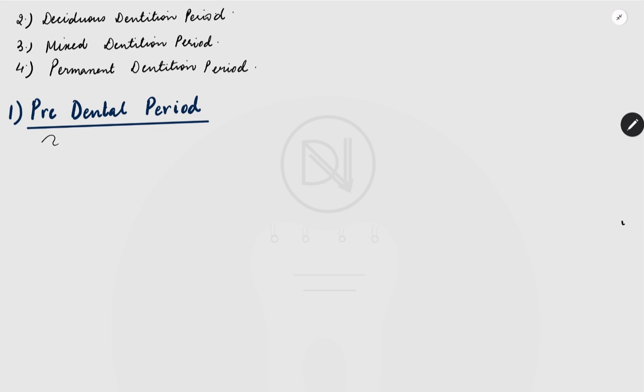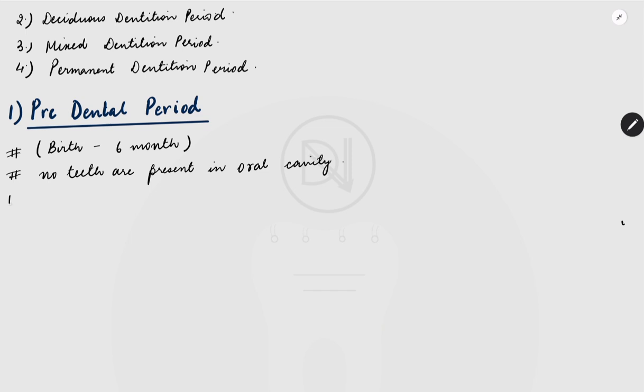So coming to the pre-dental period, this is a period from birth to 6 months of age. During this period, no teeth are present in the oral cavity. Sometimes, very rarely, if neonates are born with teeth, then they are called neonatal teeth.